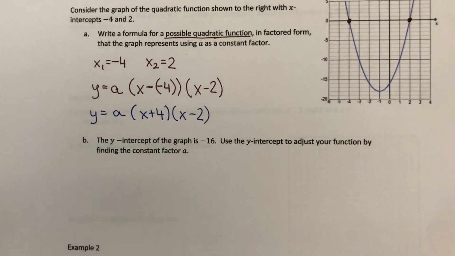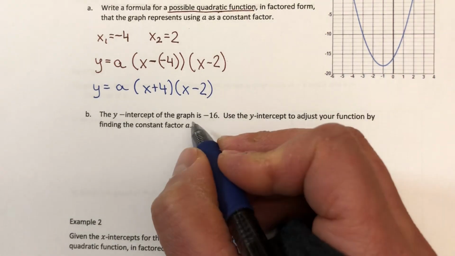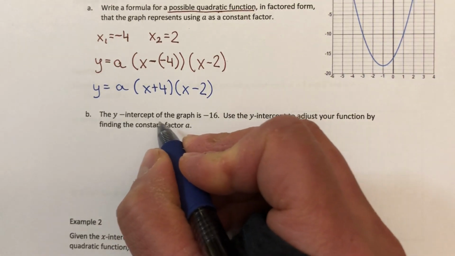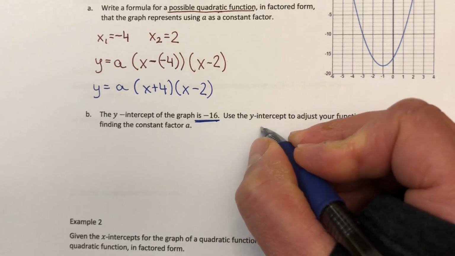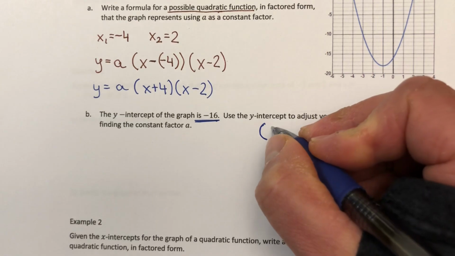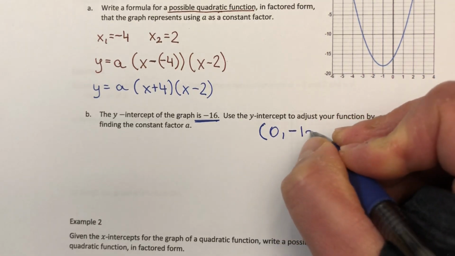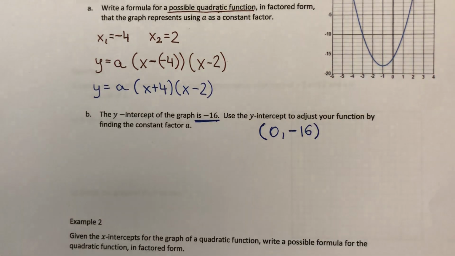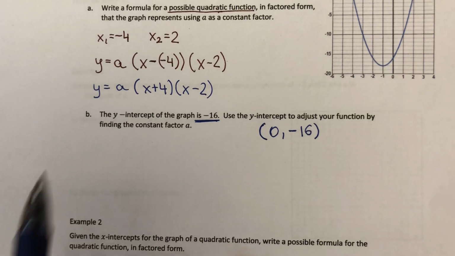So now we are going to talk about our specific parabola, and what we have is that the y-intercept is -16. We know that because this is -16, the x-coordinate is equivalent to 0, and the y-coordinate is equivalent to -16. Now, this is how we are going to figure out what our a is.